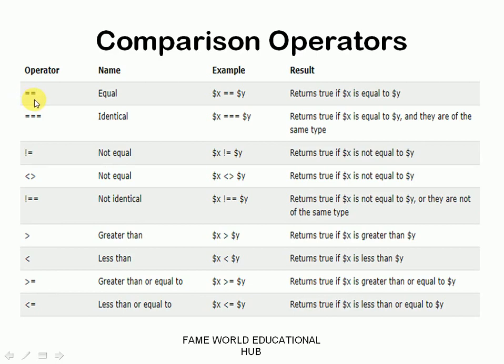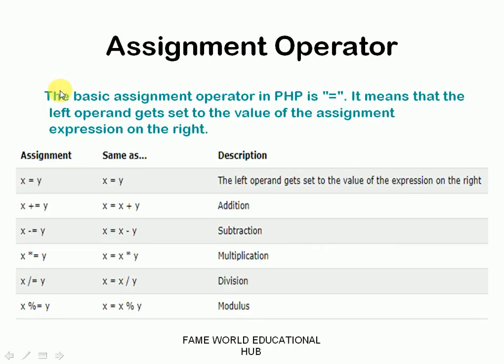The double equal to symbol is used for the comparison operator, or we can say relational operator. These are used to check whether the value of the left hand operand is equivalent to the right or not. But in the case of the assignment operator, this particular equal to symbol was being used for assigning the value of the right hand operand to the left hand operand.